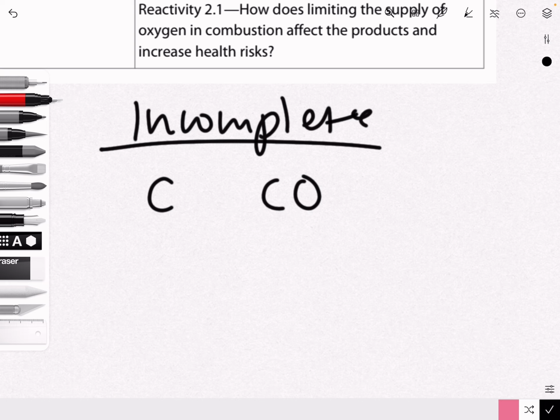You can also still get carbon dioxide in these reactions because you can have a combustion reaction in which only part or only a fraction of the combustion that is occurring will be complete, even though the rest is not. And let's just kind of look into what each one of these products are.